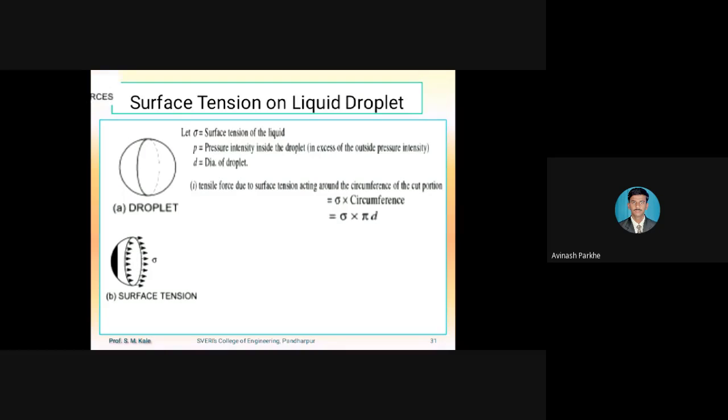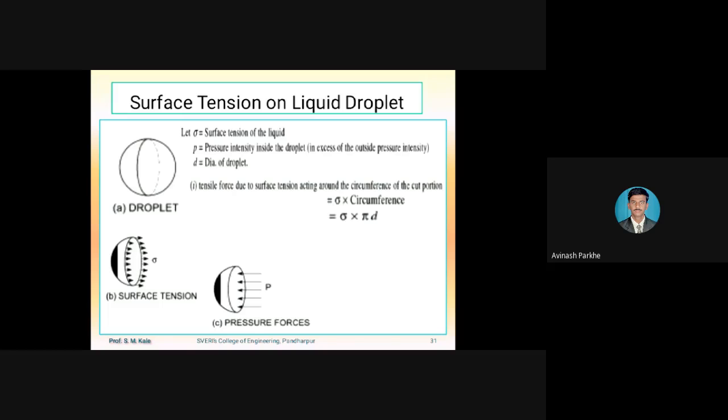Then the second force acts because of the pressure intensity. On the same half portion of the liquid droplet, the inner portion is filled with liquid, and the pressure intensity acts on it in the opposite direction.